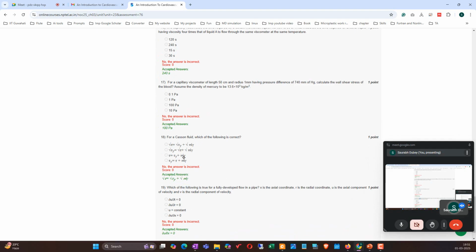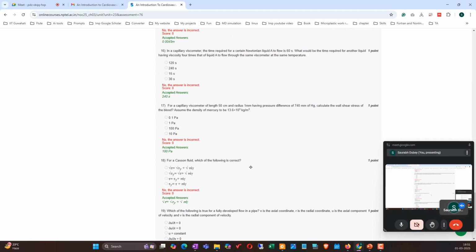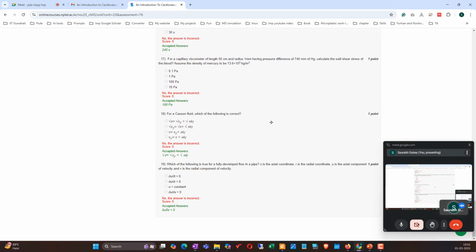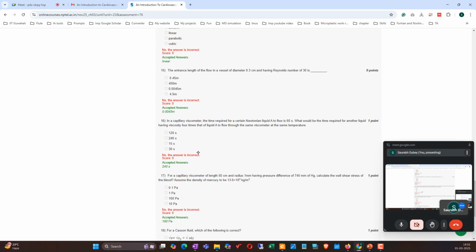So these were some numerical problems on the same, like this one: a capillary viscometer of length 50 centimeter, radius 1 mm, having a pressure difference of 740 mm of Hg, calculate the wall shear stress. This is the standard fluid that is there. We had solved a similar kind of problem in the class as well as in the lecture.